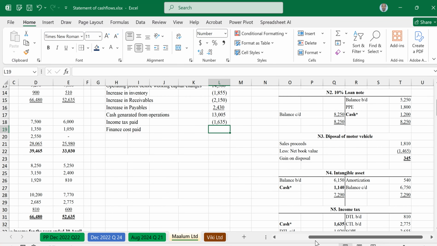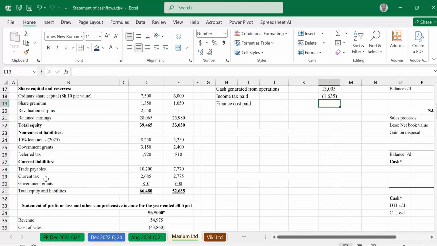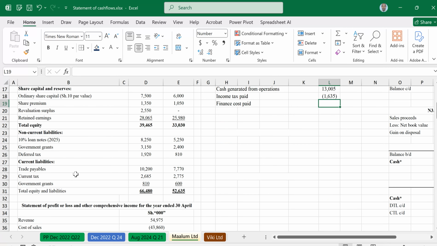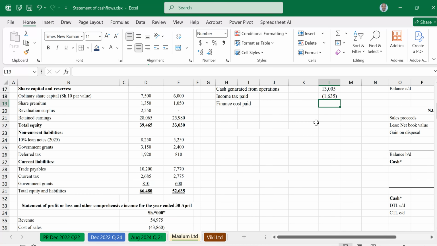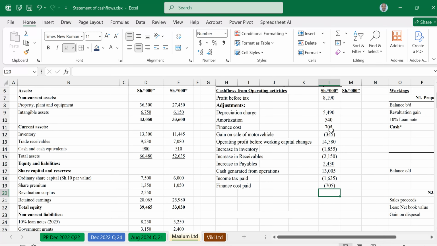Now finance cost. Since there was no finance cost payable, the one that was charged in the statement of profit or loss is the actual one that was paid during the year. So the finance cost paid during the year is simply the 705, the same one that we adjusted for up there.